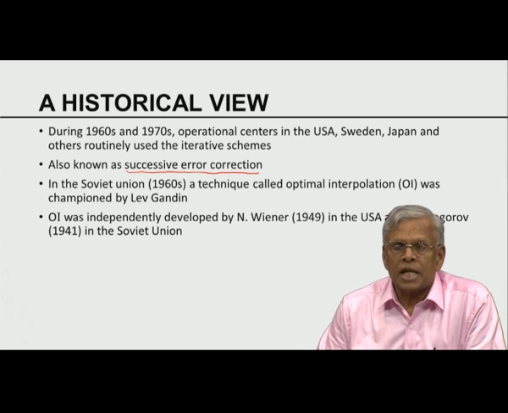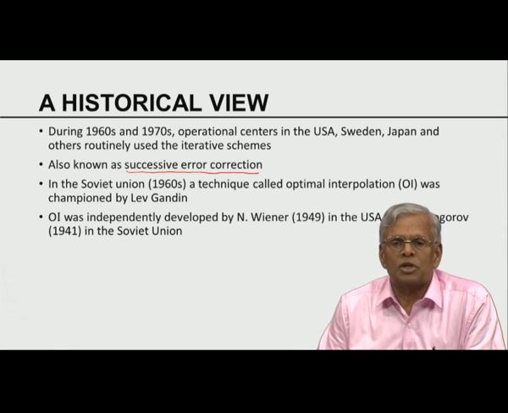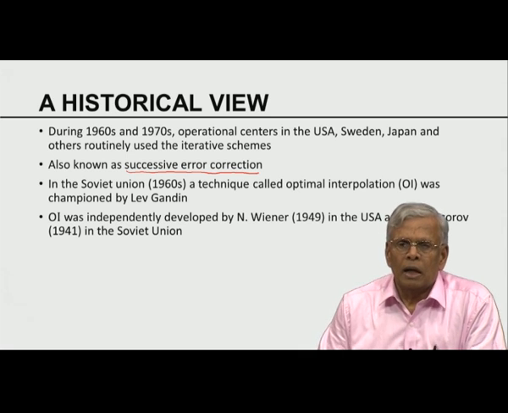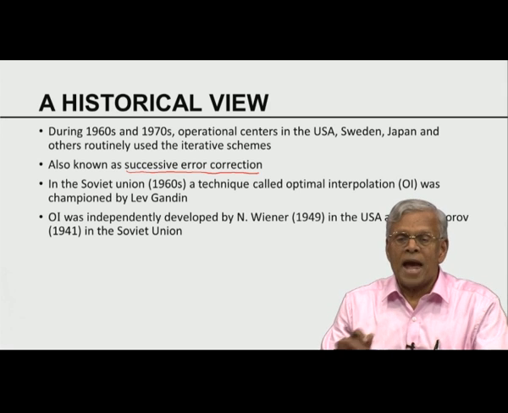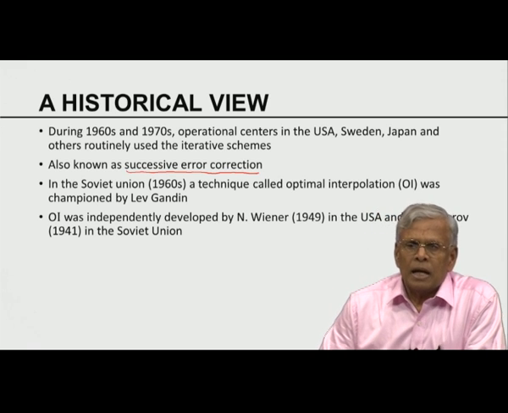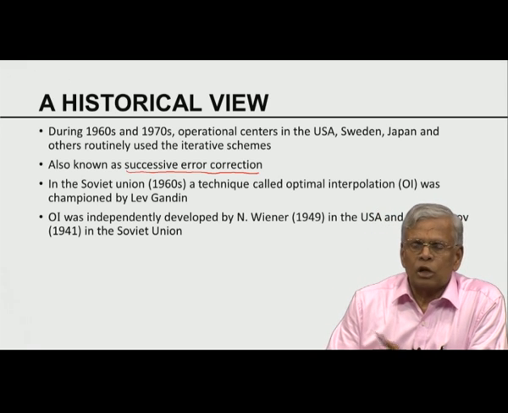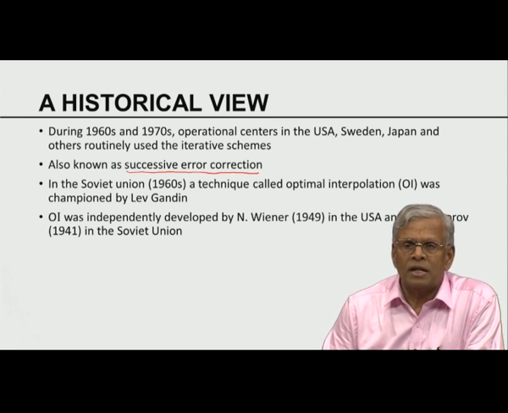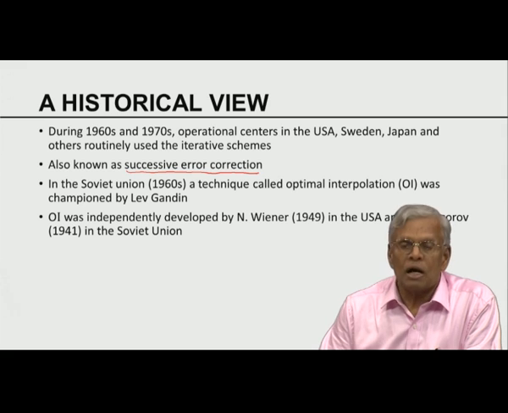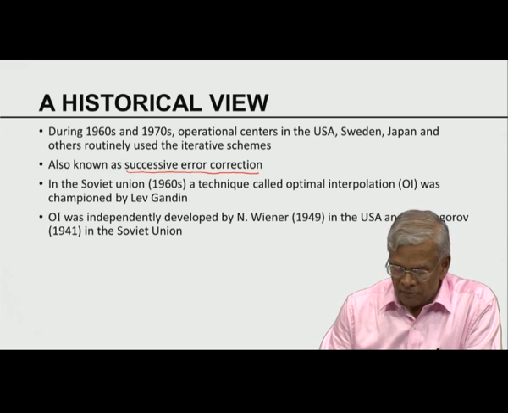The story goes that Norbert Wiener developed this method in the early 40s, but he did this work under a defense contract. So it was classified, and by the time he could publish it, it had to be unclassified. So it took several years before Wiener's ideas were known to the public.